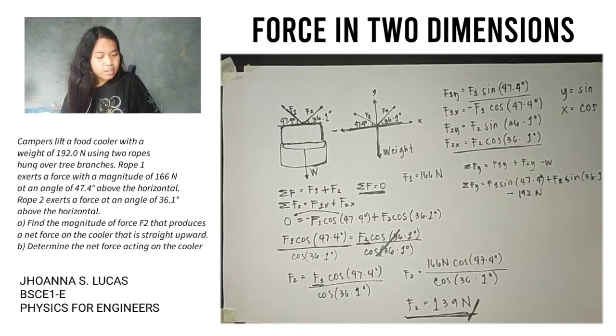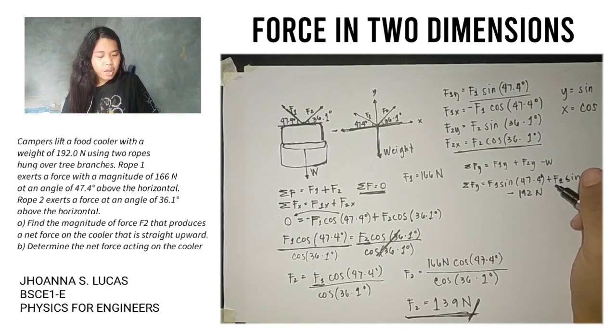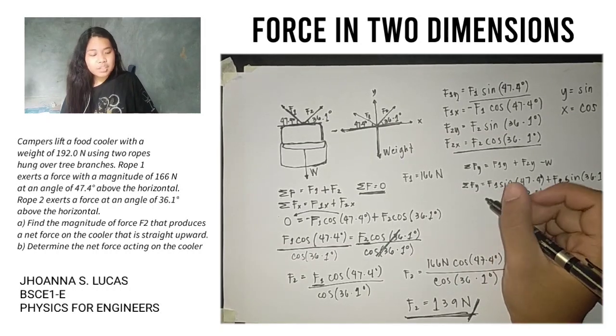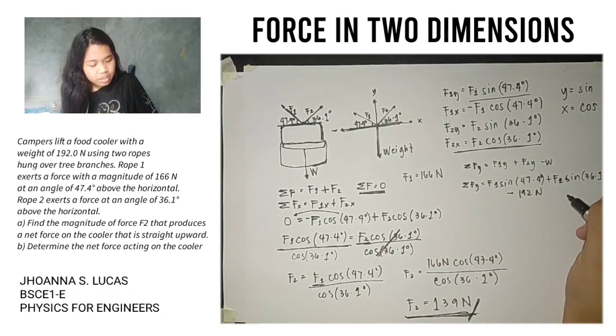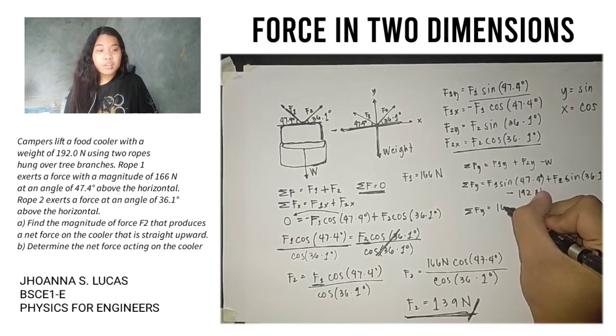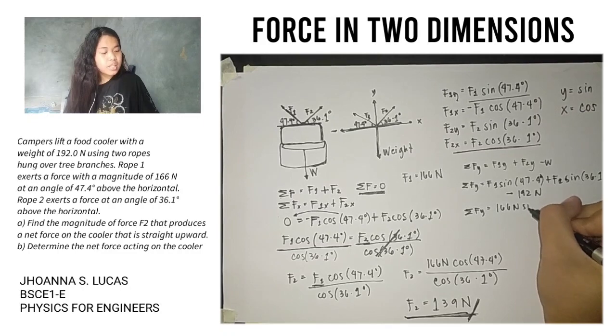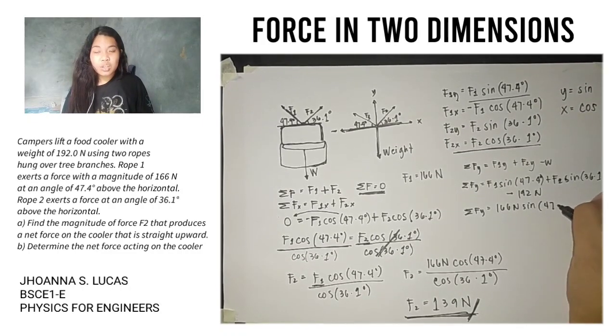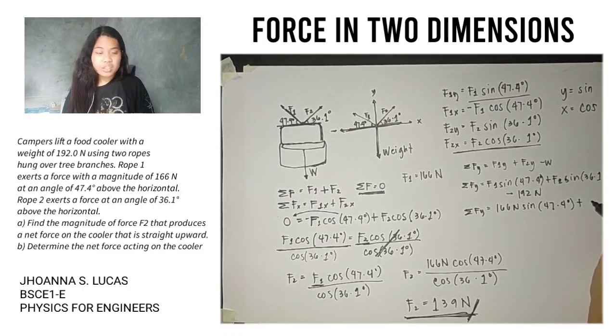For F sub 1, from the given, it is 166 Newton, and for F sub 2, from the question we answered earlier, it is 139 Newton. This will be the given we will use in answering the force acting on the cooler.